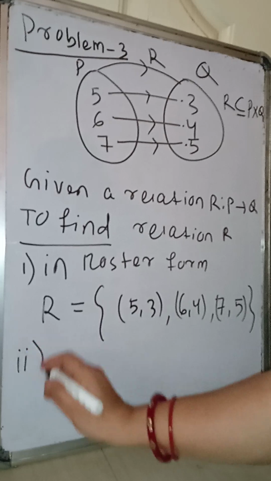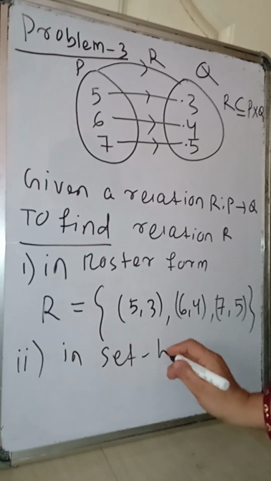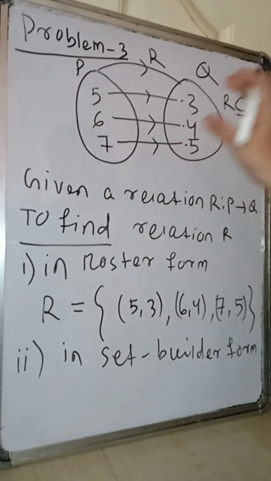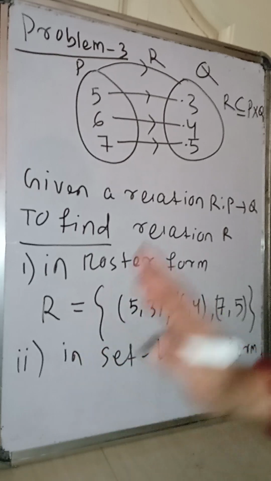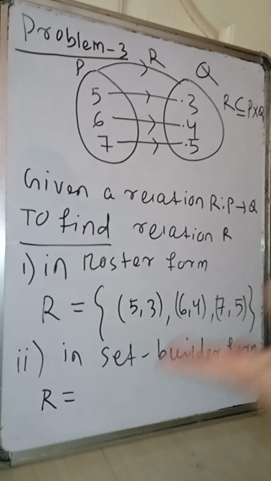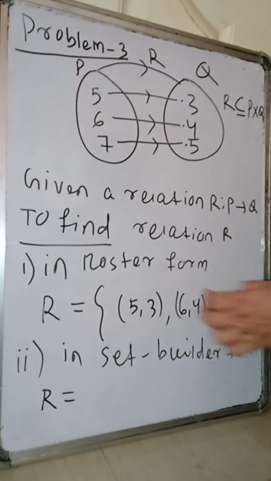Now the set builder form. Set builder form uses a common rule or formula for the relation. Here you will not write the ordered pairs individually, rather you will write using a common formula between the two elements of the ordered pair.